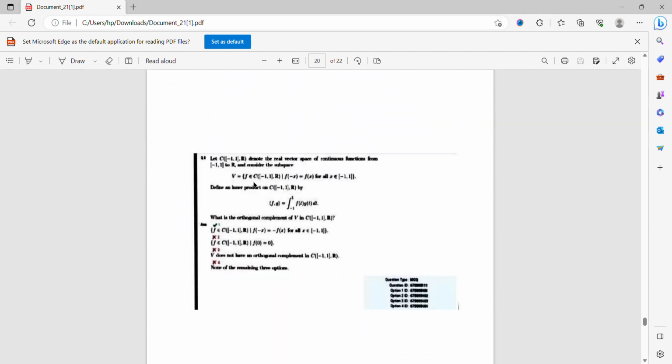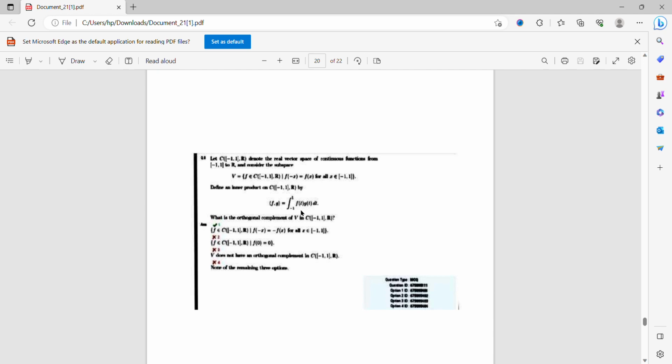Now come to the next one. It is also a problem, a concept of inner product space. So define an inner product on the set of all real valued continuous functions on the closed interval -1 to 1, and the inner product is given by the inner product of f, g, which is the integral from -1 to 1 of f(t) g(t) dt.